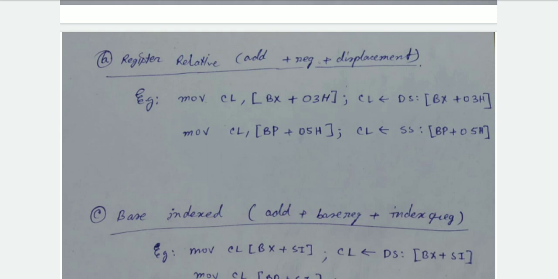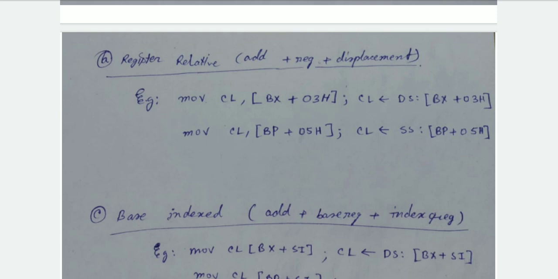Or if we initialize BX with 3000, CL is getting the data from location 3003 hex. This is all about register relative. You are using BX here as a pointer to get data around it by plus 03 hex, or plus 05 hex, or minus.